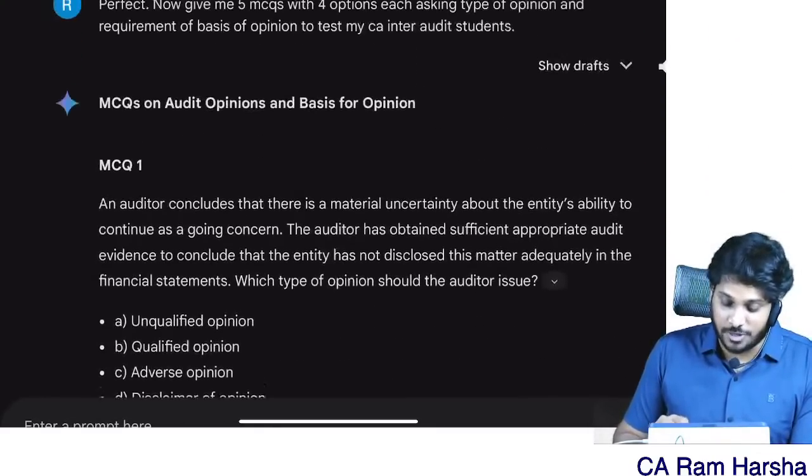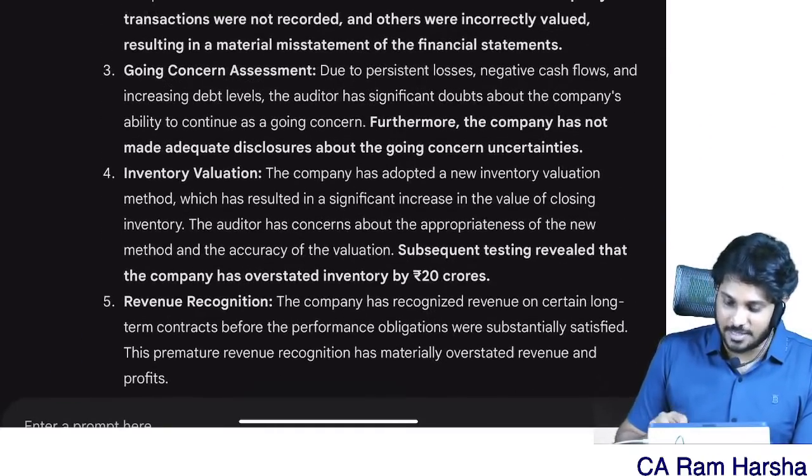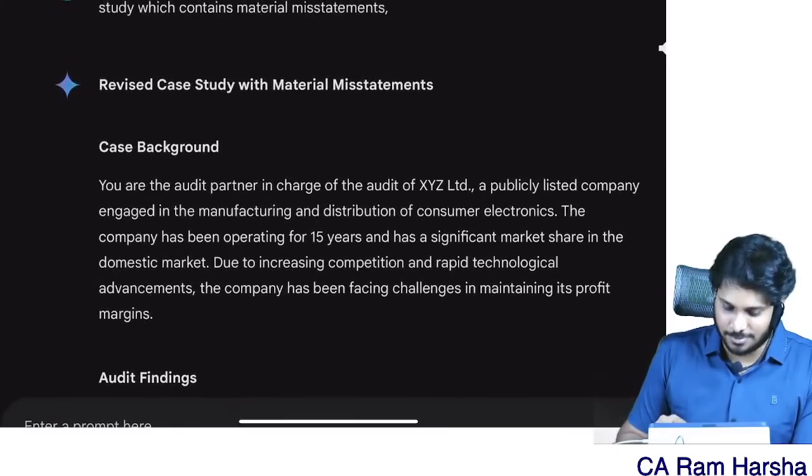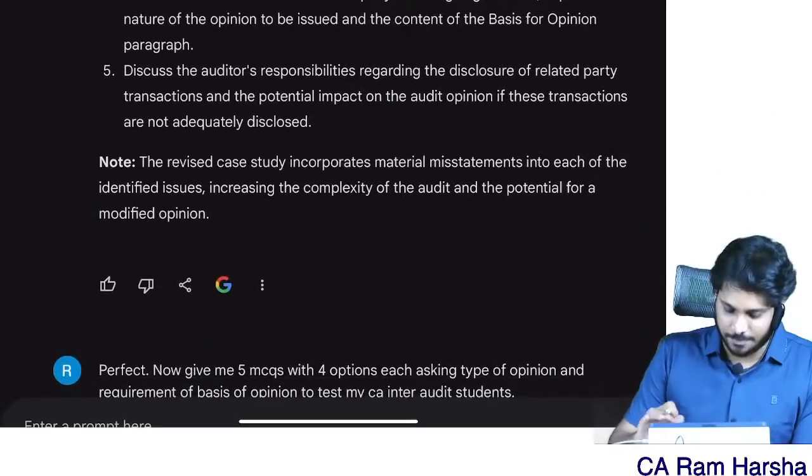I think what we should do is, we should copy this first. This response is there, right? This first we should copy.